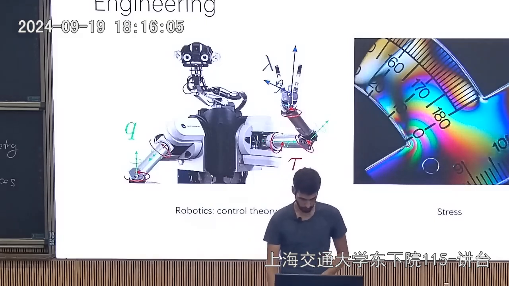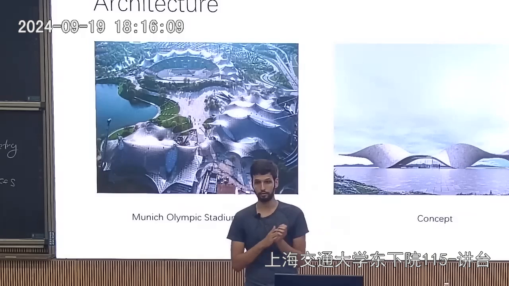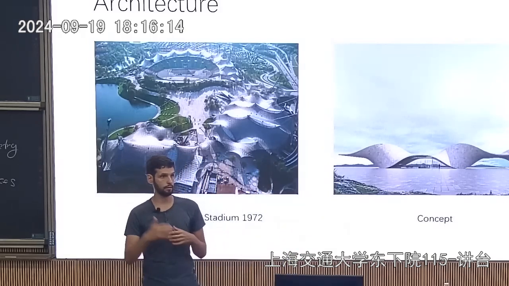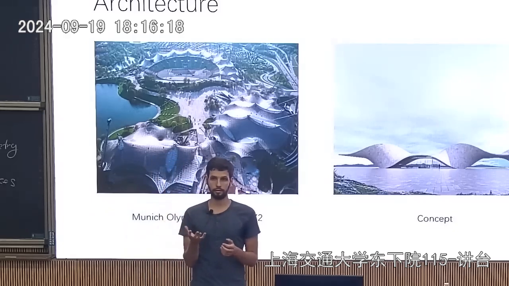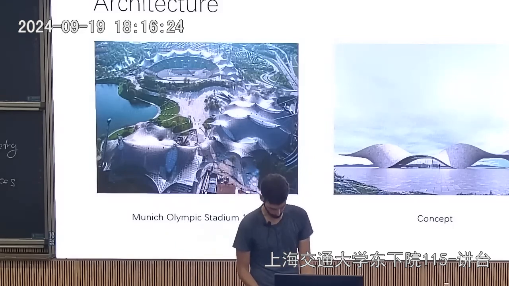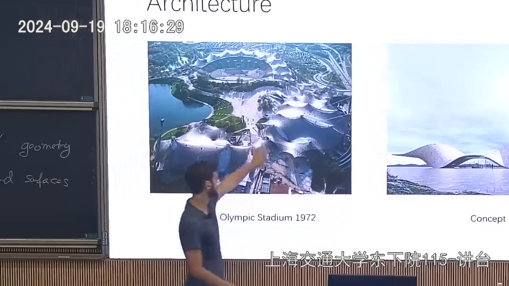And one application of that is in architecture, where you actually use that you can bend certain objects and then get nice properties. Usually, if you bend them, that gives you some structural properties or enhanced stability. Examples of this are the Munich Olympic Stadium.